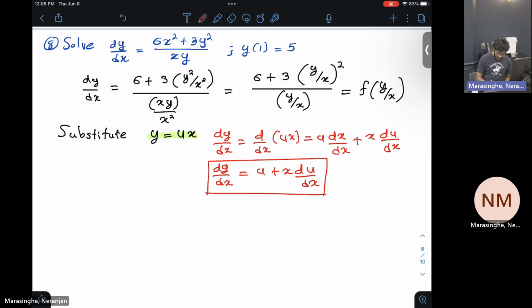So I would replace dy over dx by u plus x times du over dx is equal to 6 plus 3 times, now I know that y over x is equal to u. Okay. So I would write u instead of y over x, u square divided by u.